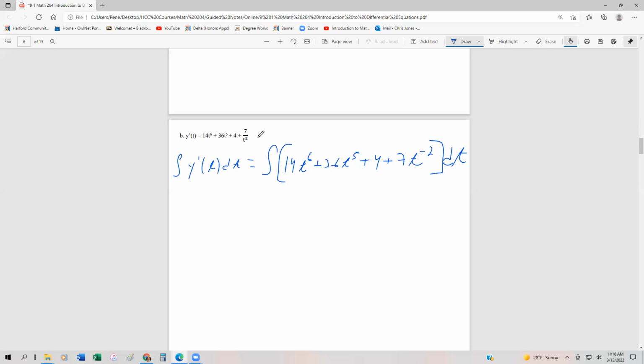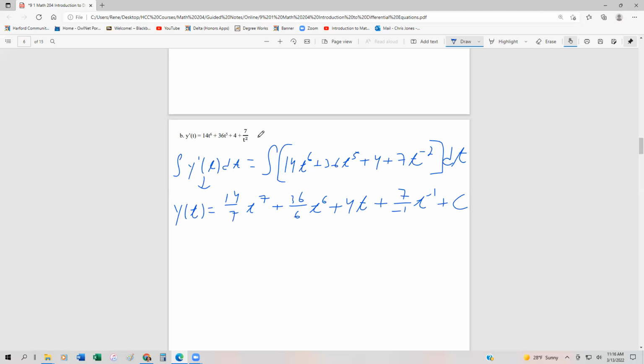We know that the antiderivative of y prime of t is just going to be y of t. And this is going to be 14 sevenths t to the 7th plus 36 over 6 t to the 6th plus 4t, and then plus 7 over negative 1 t to the minus 1, plus a constant of integration c.